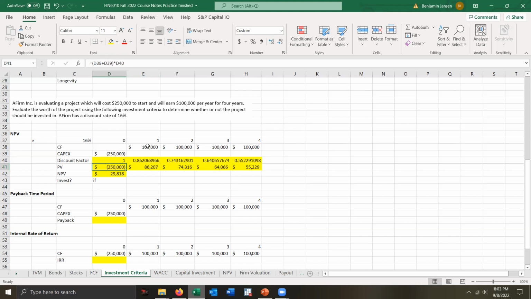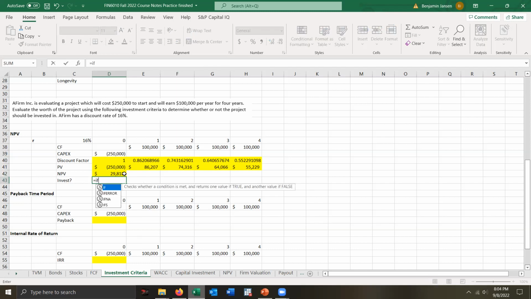You have parentheses around a value in Excel, which indicates to Excel that it is a negative value in cash. So I subtracted the negative, which in turn made it positive. So still positive NPV, 29,800. All right. So we should invest, right?